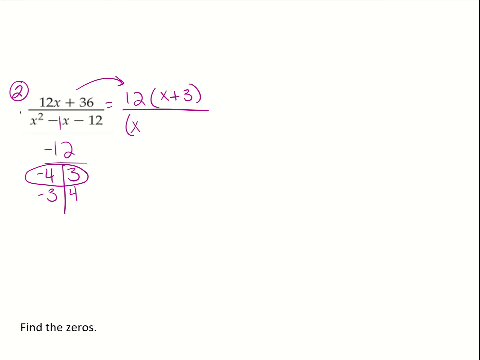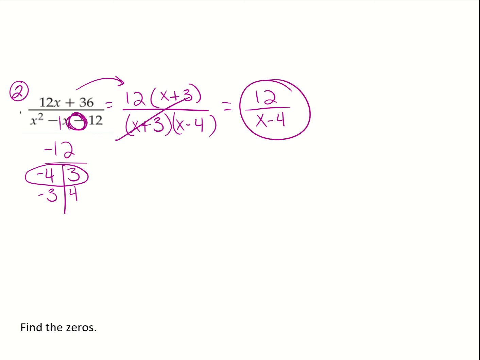So I know I'm going to have x minus and x plus. Because this is a subtraction sign, I'm going to have one positive and one negative. I'm putting the negative 4 in the subtracting one and the positive 3 in the other. Now these can cancel, and so I'm left with 12 over x minus 4. Ta-da!